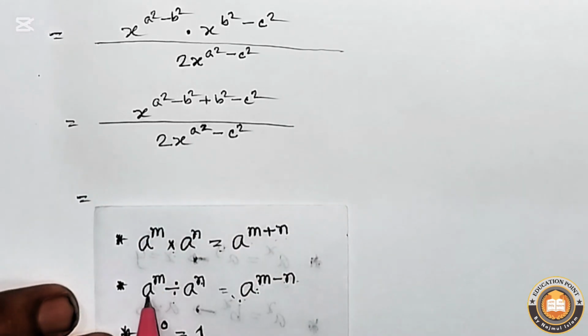Now we will apply the formula a to the power m divided by a to the power n equals a to the power m minus n.